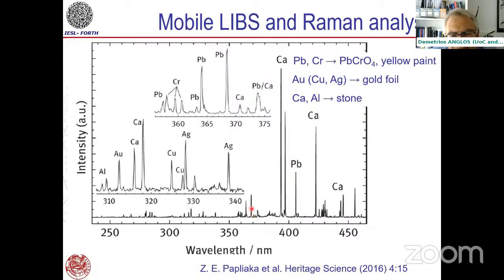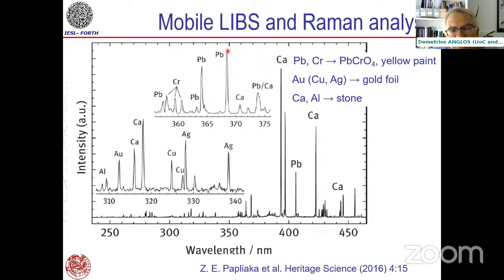You need to be somewhat educated and make at least some educated guesses. But because the material that we were probing had a yellow color, the pigment was yellow, so we looked at lines which come from lead and emission lines that originate from chromium.